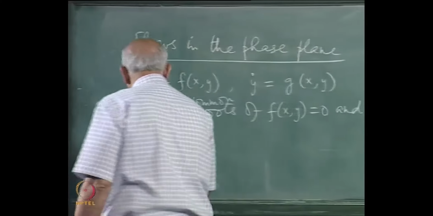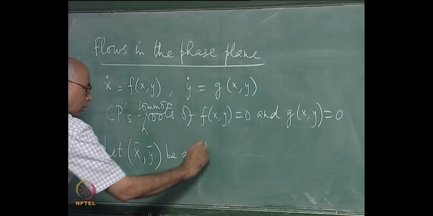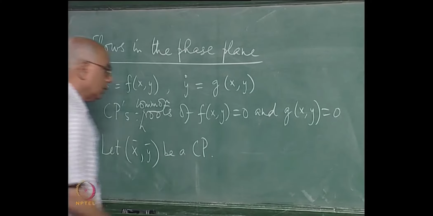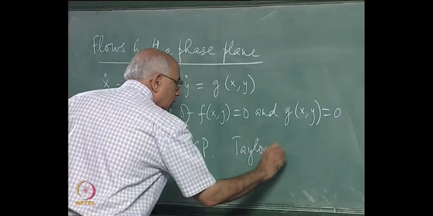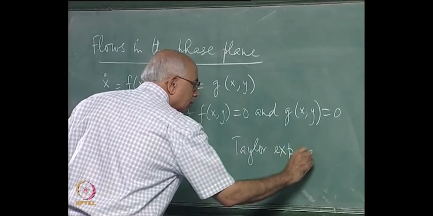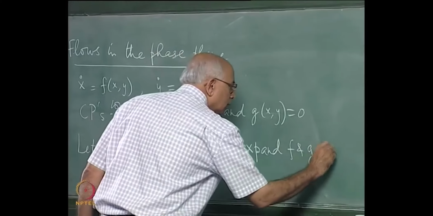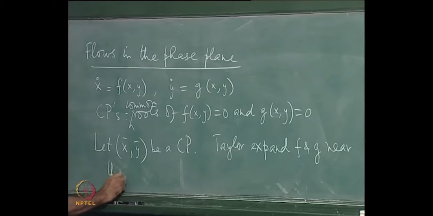So let x bar, y bar be a critical point. Taylor expand f and g near the critical point.